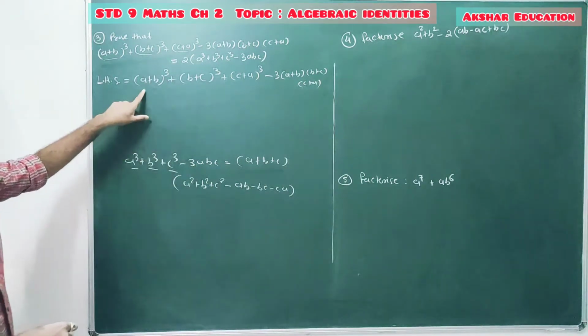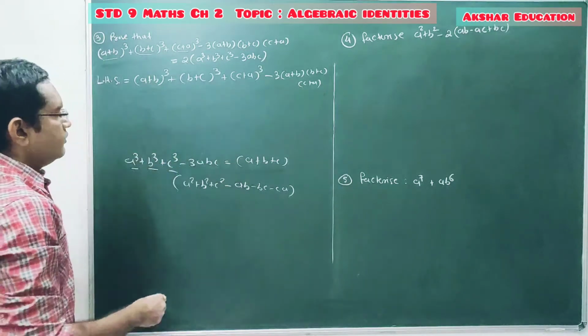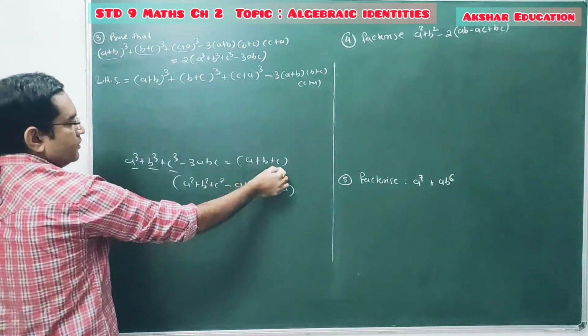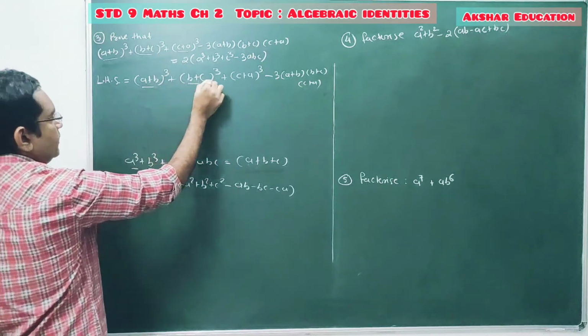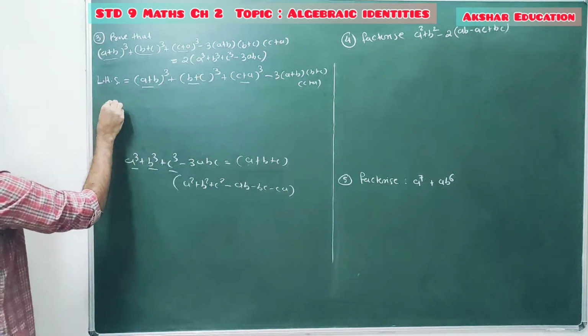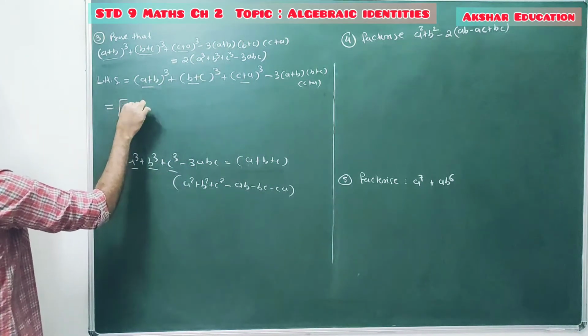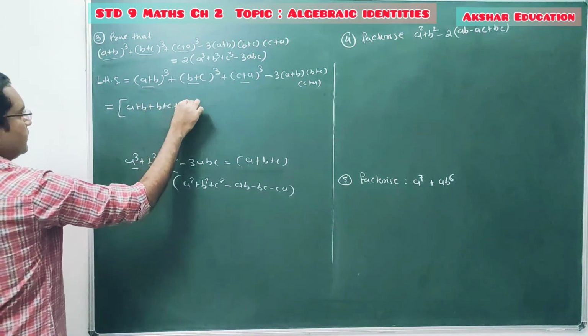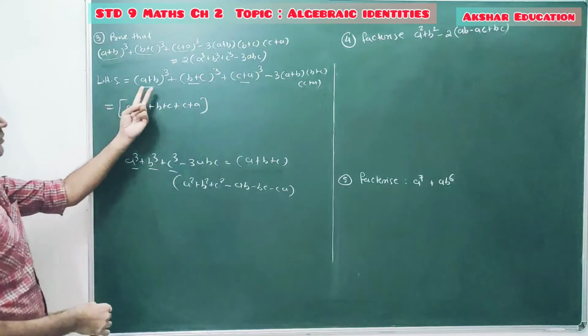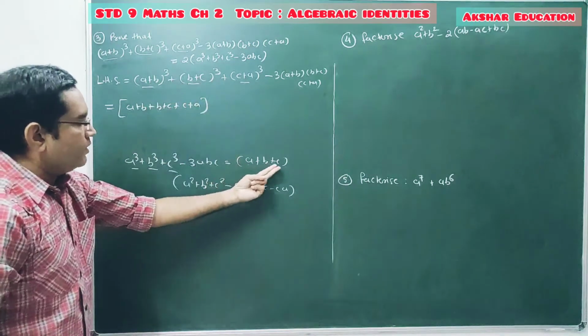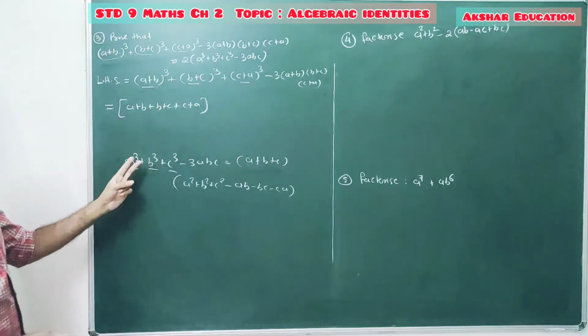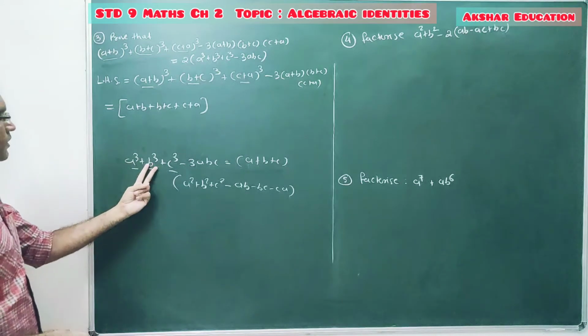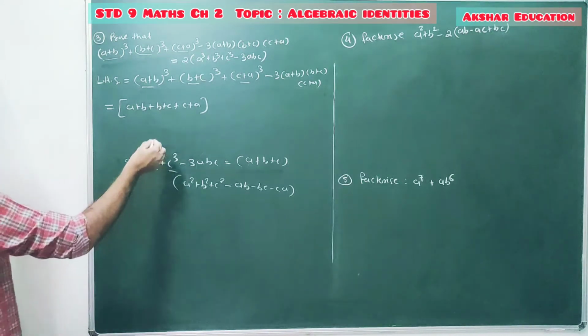Now, for this factorization, what you will do? First, you have to consider the sum of a, b and c. So first bracket is a plus b plus b plus c plus c plus a. Our formula is a plus b plus c. Instead of a, b, c, we are having (a plus b) cube, (b plus c) cube, (c plus a) cube.